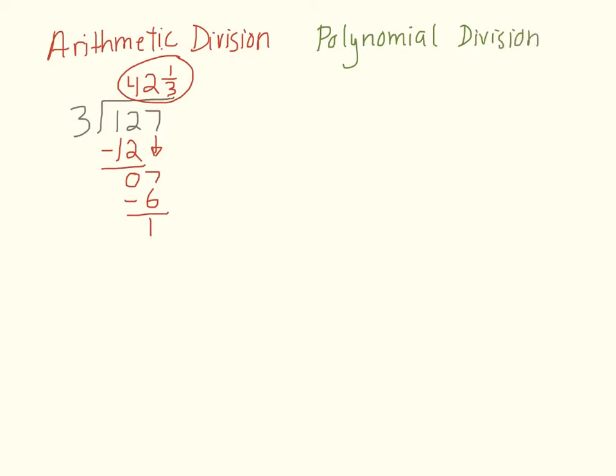So let's say we want to divide 2x squared plus 7x plus 7 by x plus 2. Now the idea is very similar. You're trying to figure out what you want to multiply this polynomial by to cancel out this first term.